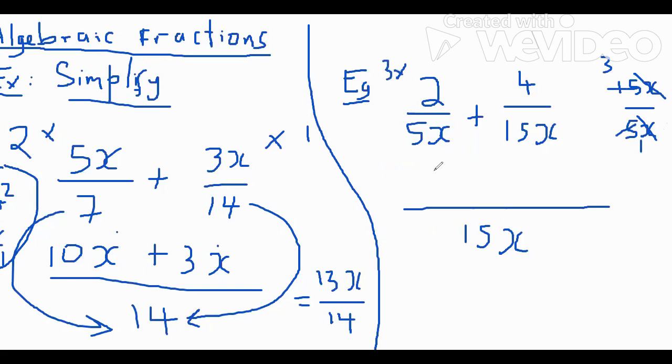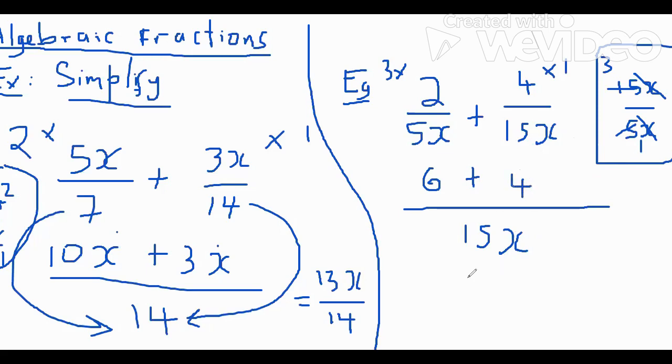And 3 twos is 6. Everybody see that? This is very important. Write it off, and there's a reason why I say it's important. Then 15x into 15x is pretty straightforward, it will just give you 1, because it's the same thing. 4 ones, 4.